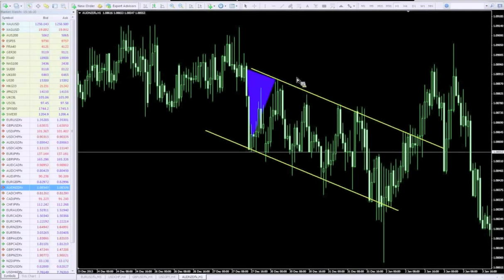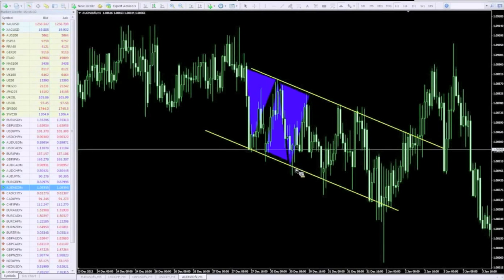Top, bottom, top. Okay? And I'll just draw a few of them in. There's one in here, but it's kind of narrow, so I'll just skip it for the sake of clarity. Bottom, top. Bottom, top, bottom.